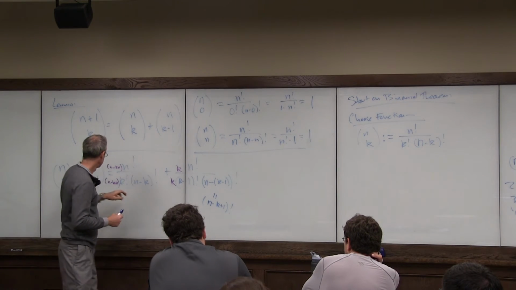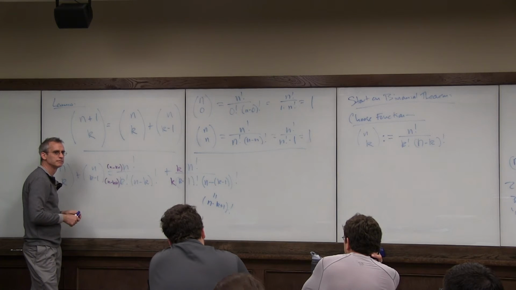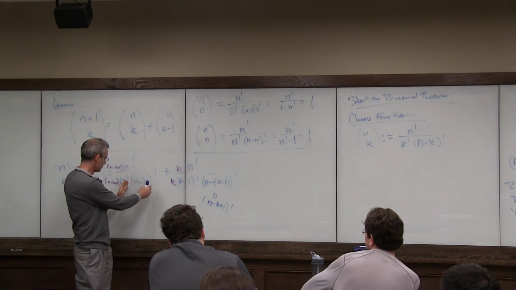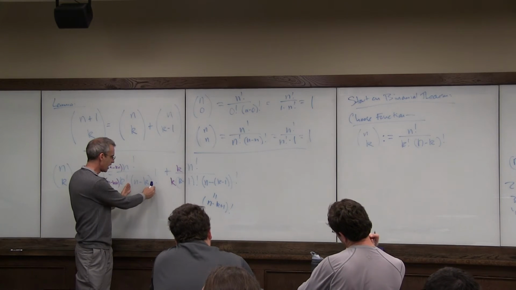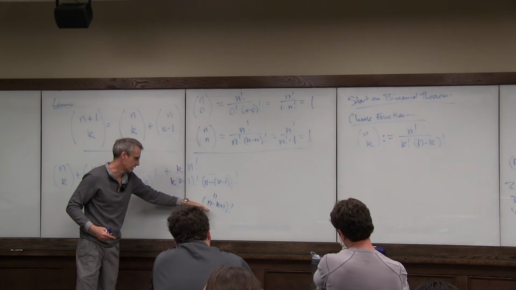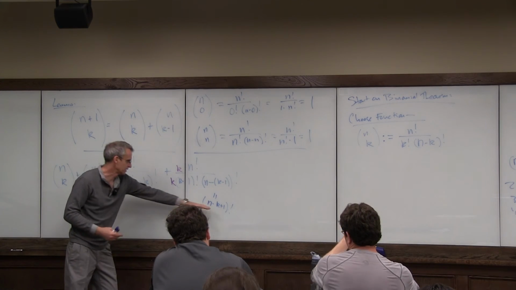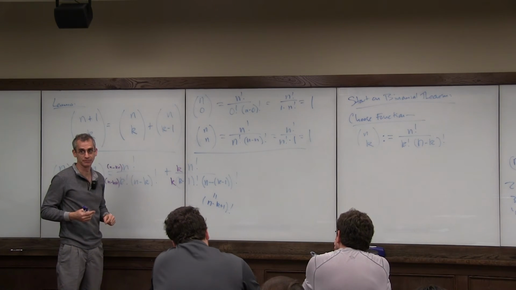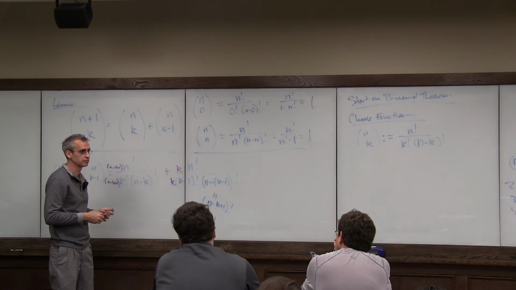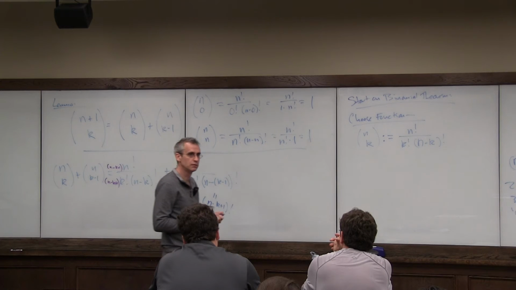K factorial. Exactly. And same thing over here. What do I need to multiply this by to get that? This has one more term in the factorial. It has n minus k plus 1, because that's the next thing after n minus k. So I have to multiply this side by those two numbers.